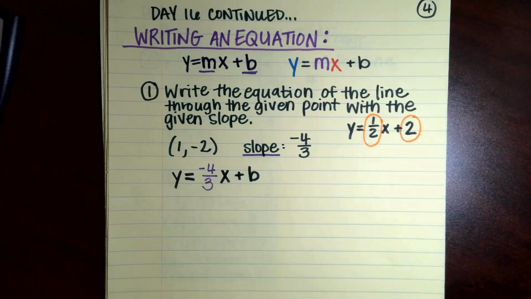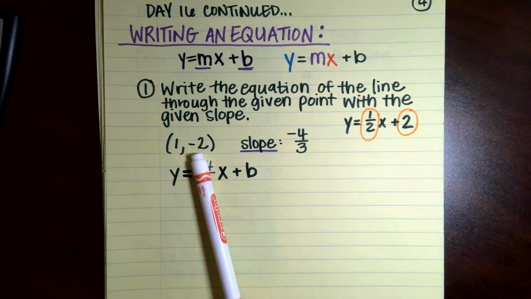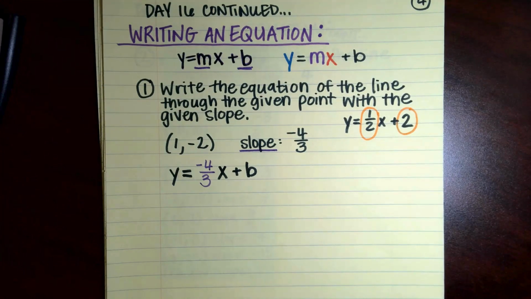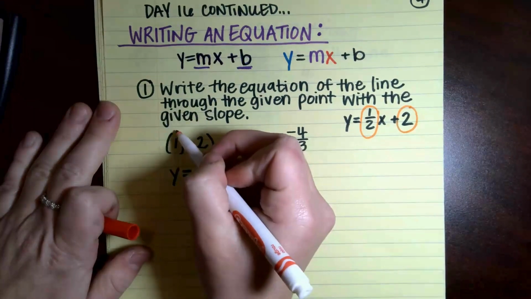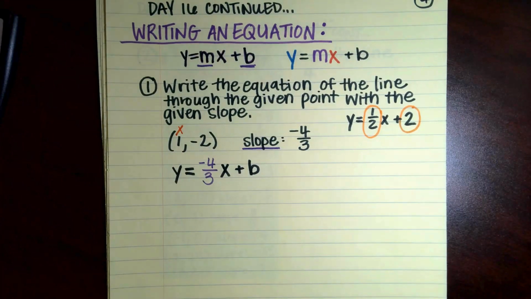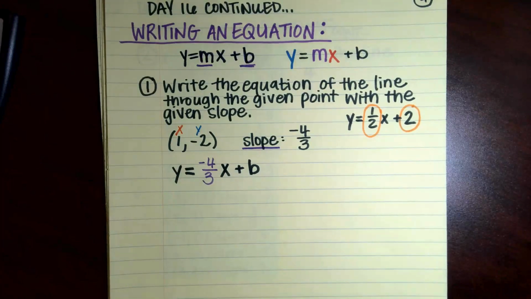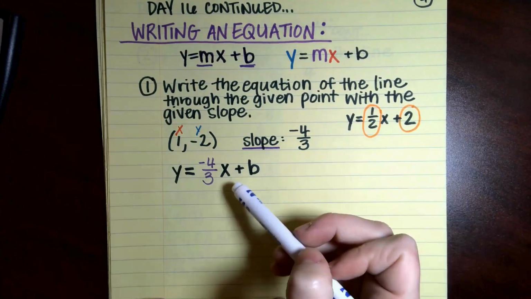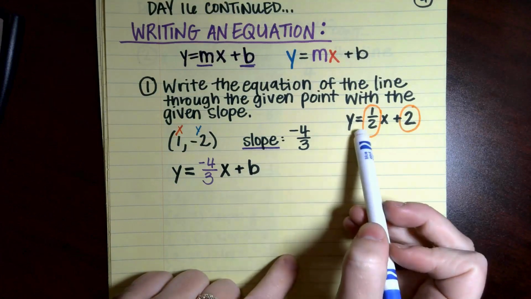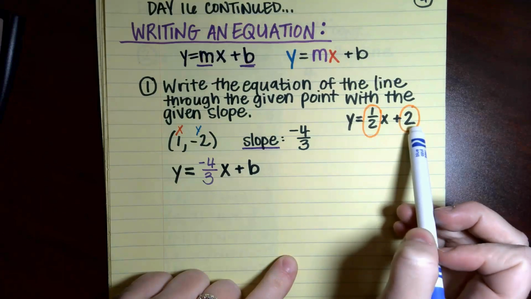Now, we were given the slope and we were given a coordinate. Remember that a coordinate is labeled with the x value coming first and the y value coming second. And in our final equation, we just have to have a number for m, which we already do, and a number for b.